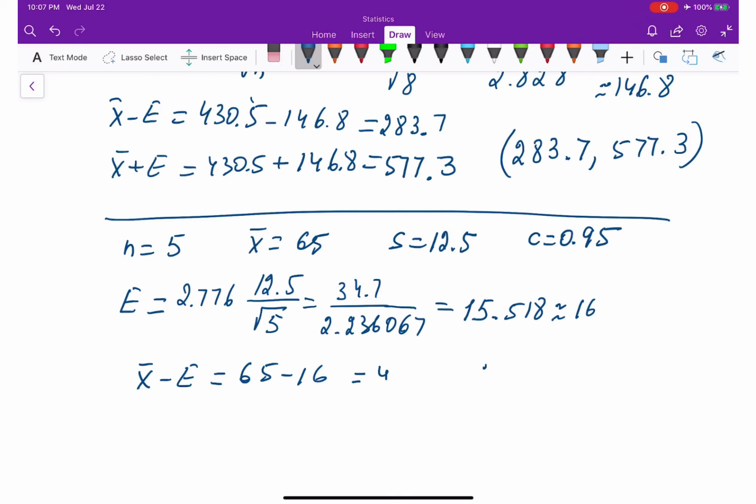We are getting 49, and x bar plus error is going to be 65 plus 16, which is 81. So the interval is going to be 49, 81.